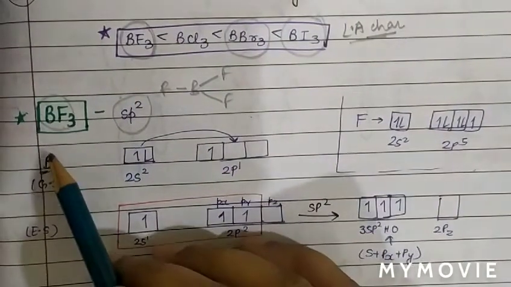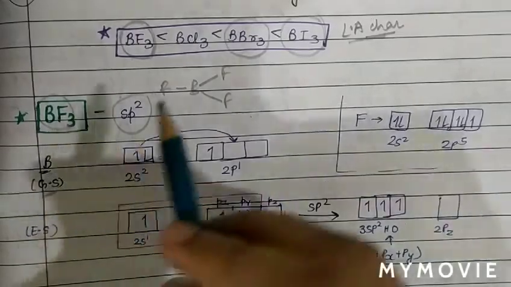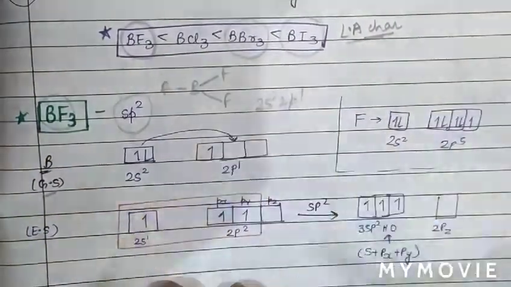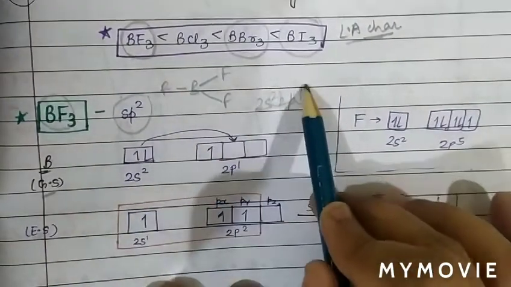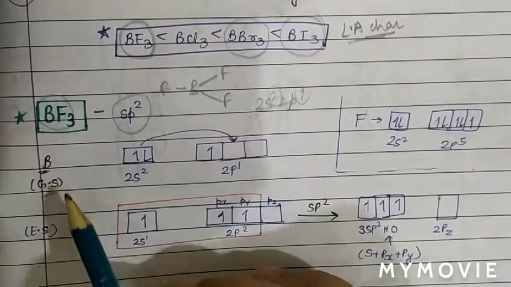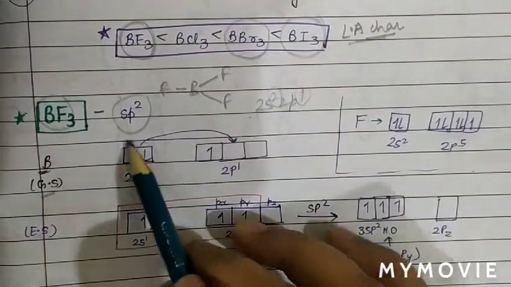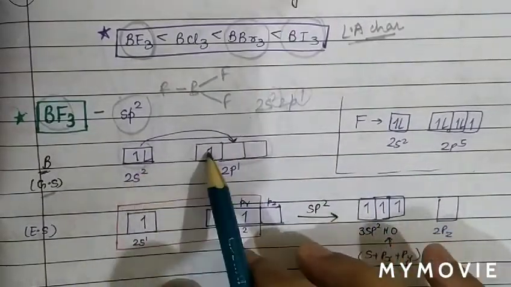First write the electronic configuration of boron in ground state. So basically the electronic configuration is 2s2 and 2p1. So 2 electrons are there in the s orbital and 1 electron in the p orbital. According to this, in boron ground state, there are 2 electrons in the s orbital and 1 electron in the p orbital. So basically there are 3 electrons.